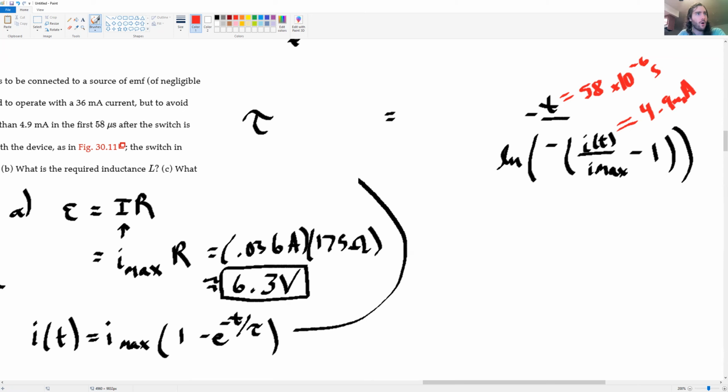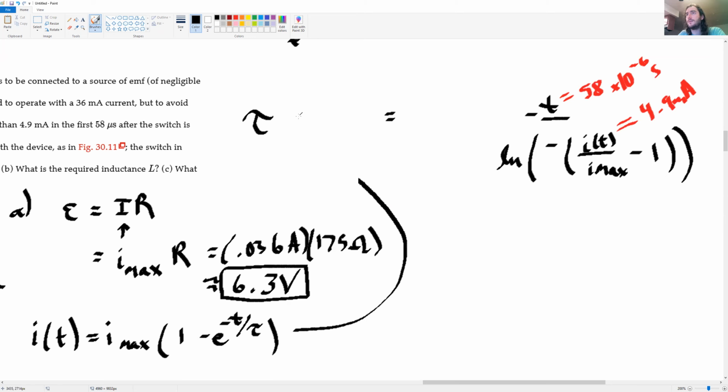Let me not spend time calculating it here. The answer is right over here. For this example, we end up with 69 millihenries.